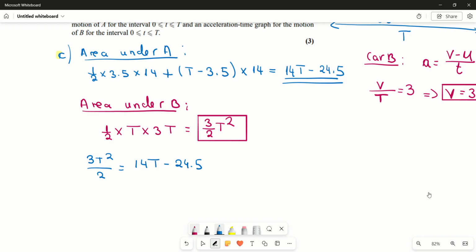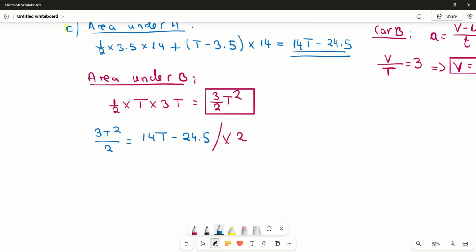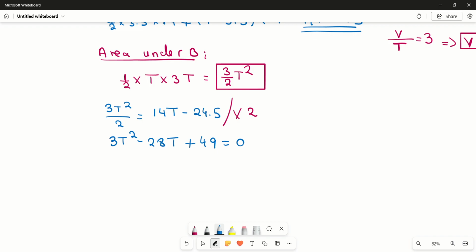If I multiply all by 2, I get 3t squared, and rearranging, minus 28t plus 49 equals 0. I have a quadratic, so I can use the quadratic formula or I can factorize.